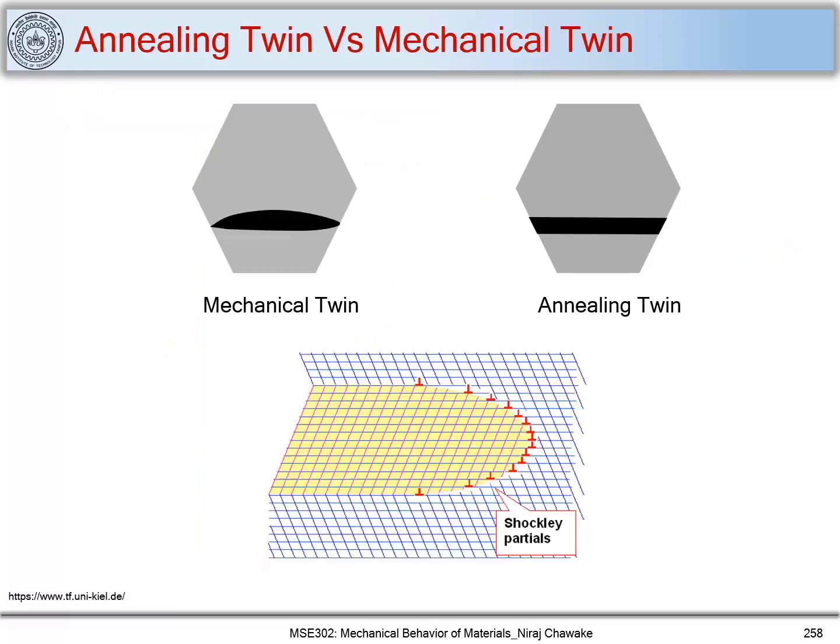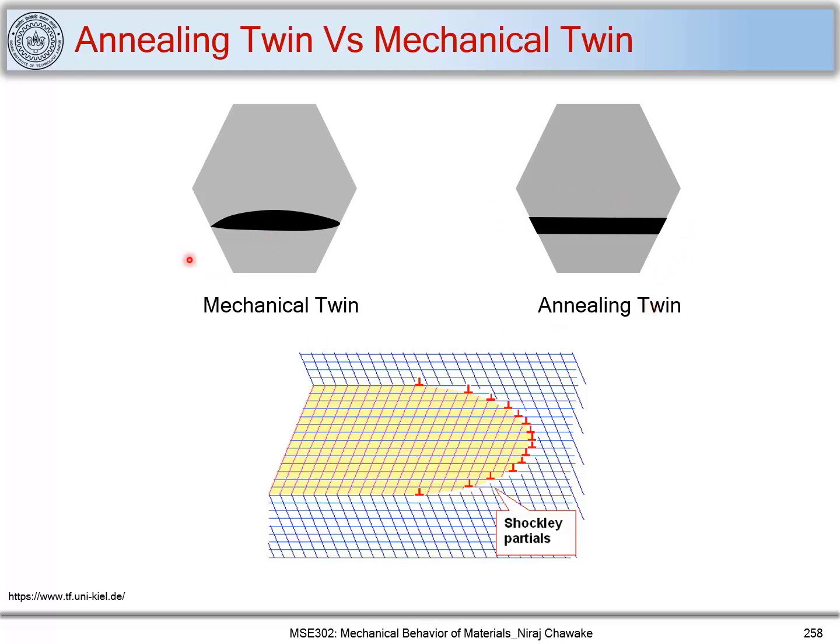Now let's move further. Talking about twinning, we distinguish twinning when it forms during a mechanical deformation, or when you deform a material you get a twin, and that twin is called a mechanical twin. While there is another twin which you can see in the microstructure, that is called an annealing twin.